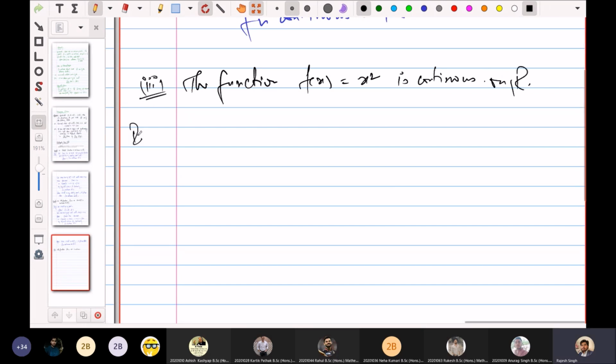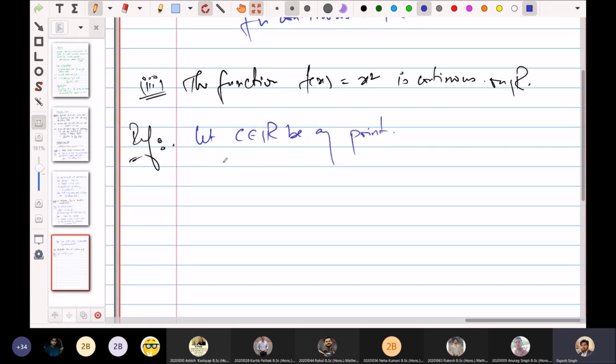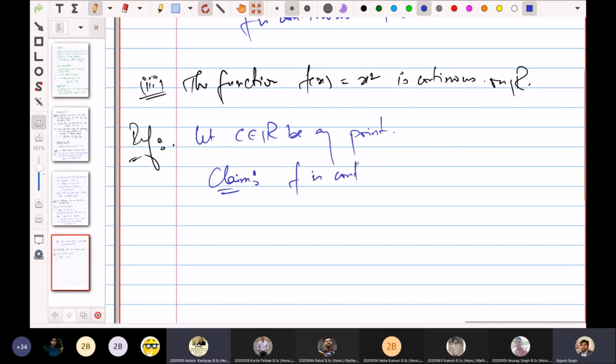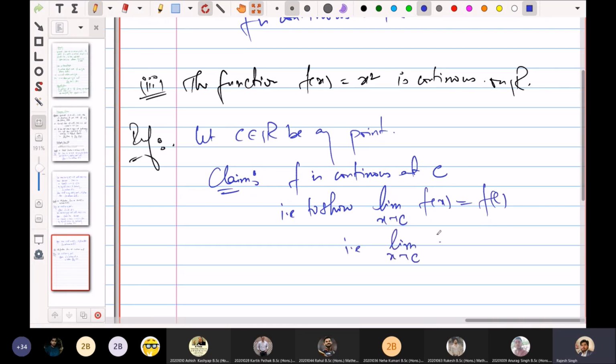on R. So again, proof. Let c belong to R be any point. Claim, using epsilon delta: f is continuous at c, that is to show limit x tends to c, f of x equal to f of c, that is limit x tends to c, x square is equal to c square.